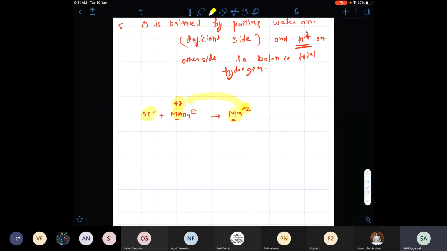In the main reaction, we will cancel out all the electrons. A change in reaction means a change in reactant or product, not only the electrons. Electrons do not change the reaction. Any doubt till here?